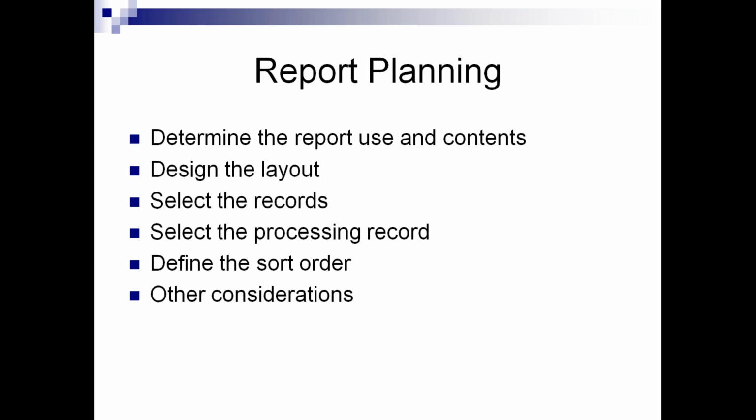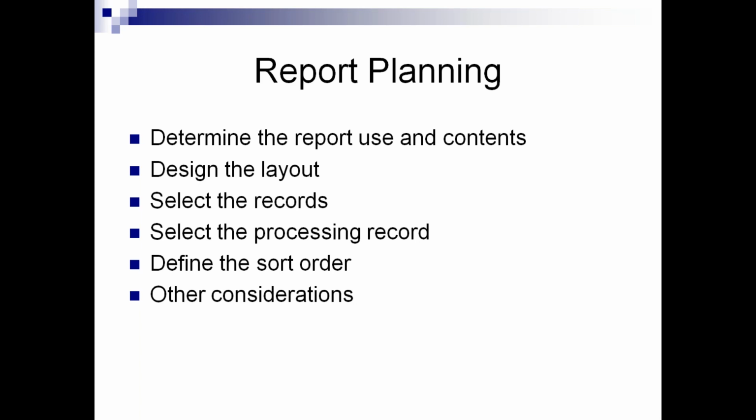Okay, the sort order. By default, it's going to print by the primary key or the standard order number 1. If that's not the order that the person who is requesting this report wants the report to print by, you need to find out from them what order they want that report in. And then you may have to create a custom sort for them.